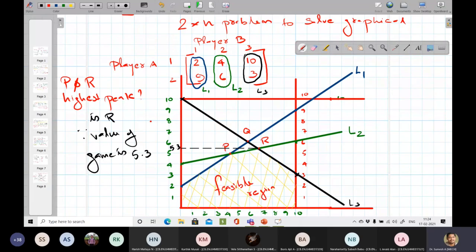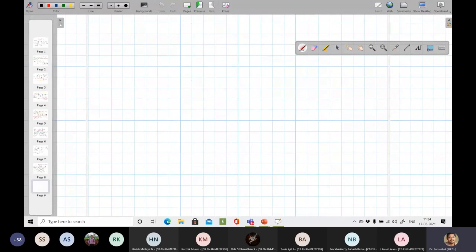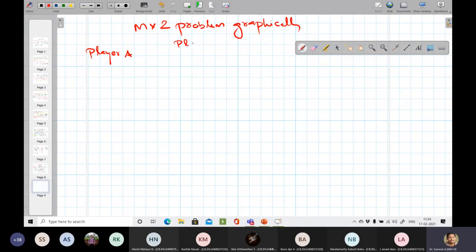If this is clear, I will go to the other type, that is m cross 2. So how to solve an m cross 2 problem graphically. Here I have my player A, and here I will have player B. How many strategies are possible for player A?